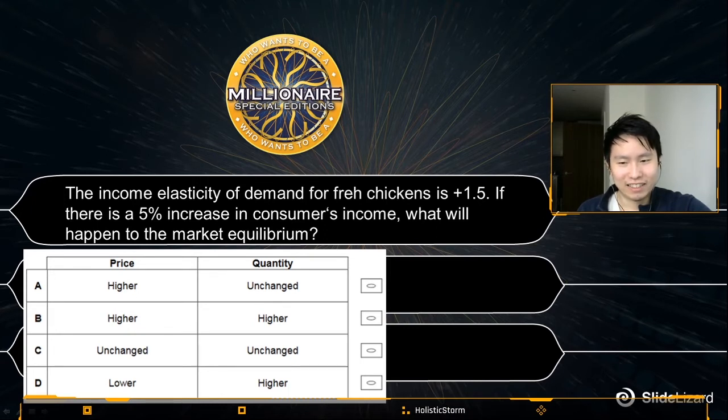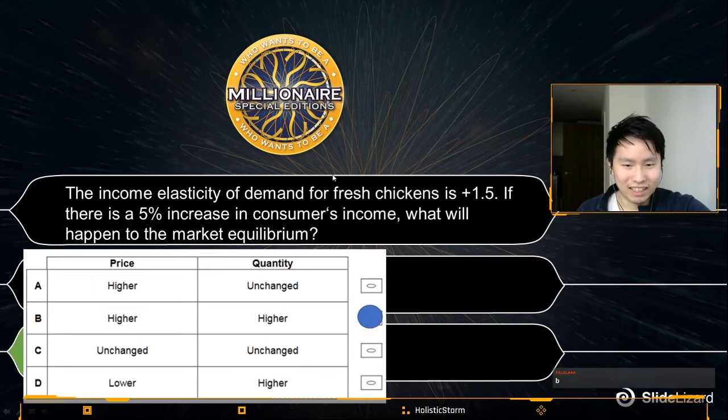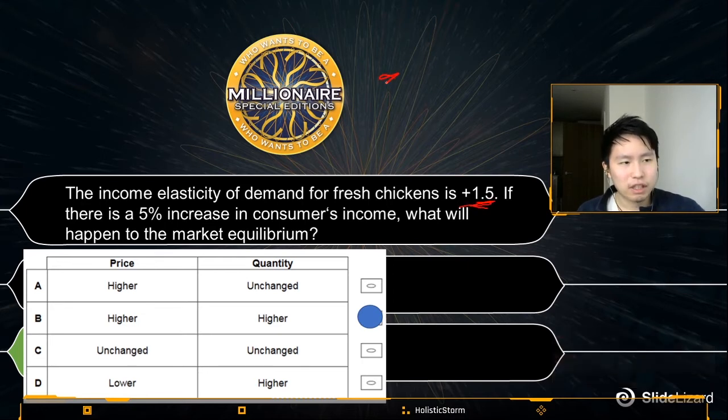So the answer is B. Yes, good job, Lola, you got it. That is absolutely correct. So if income elasticity of demand for chickens is positive, that means that, so percentage change in QD and percentage change in income, right?